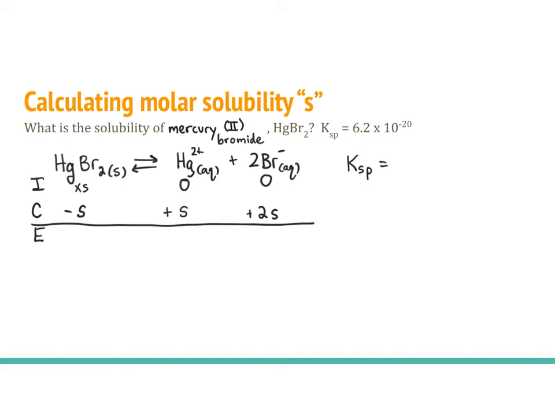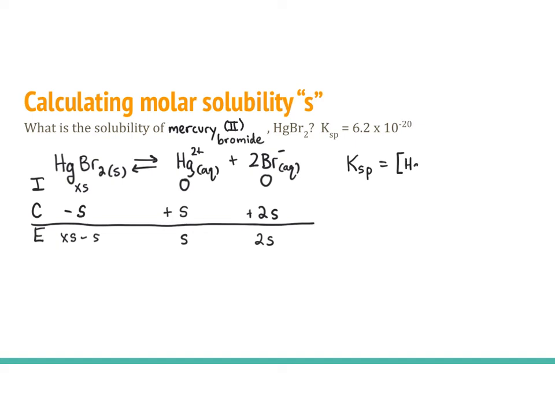So after the mercury bromide dissolves as much as it can, and we're going to assume it dissolves at least enough to get to a saturated solution, then at equilibrium, our concentration of mercury is S and our concentration of bromide is 2S. Now our KSP expression, we have to write, and we're not going to include the solid because solids are never included in K expressions.